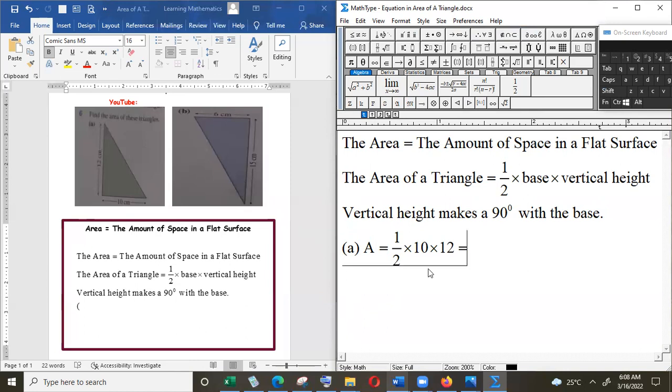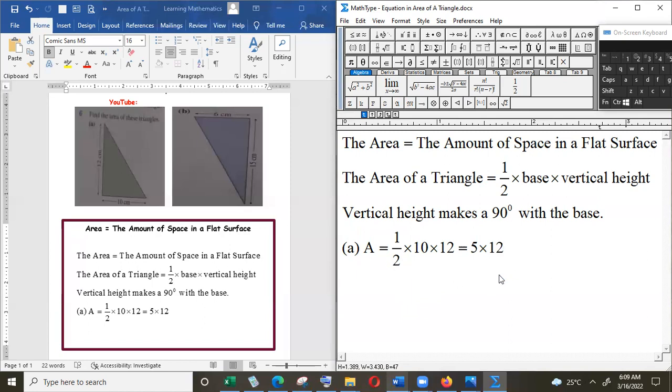Half of 10 is 5, times 12. Half of 10 is 10 divided by 2. We're splitting 10 into 2 halves, 5 and 5.